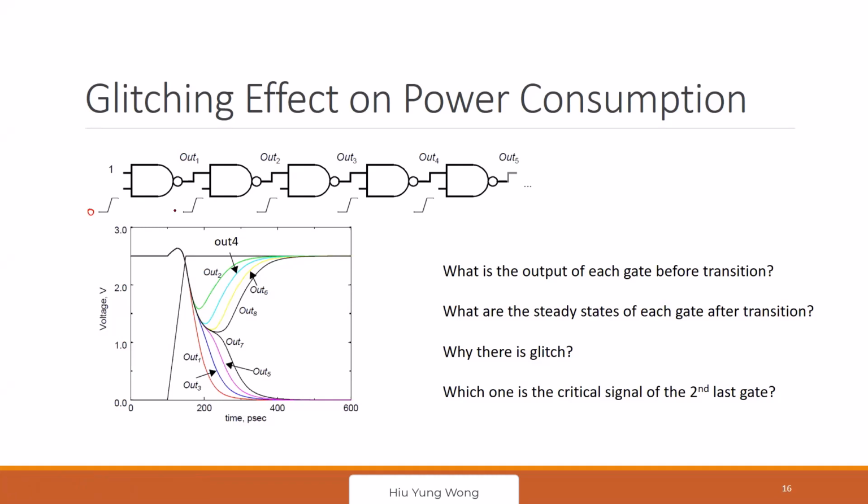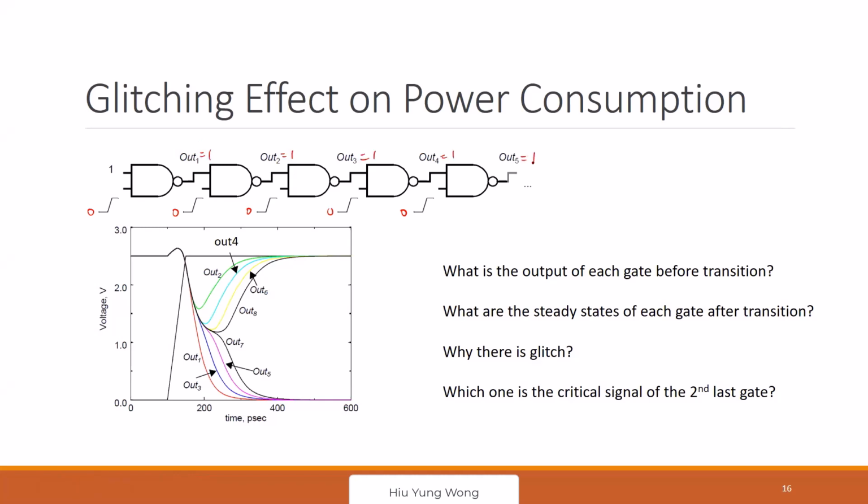At the beginning, they are all 0. So what is the output of each gate before transition? This is a NAND gate. So 0 times 1, the output is 1, right? You start with 1, 1, 1, 1, 1, 1.